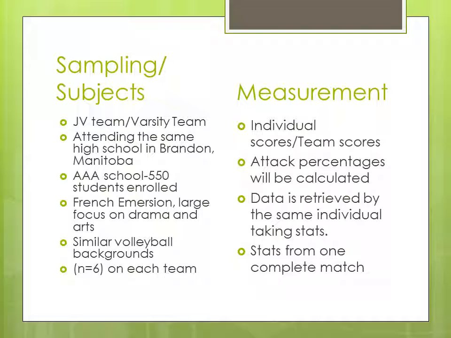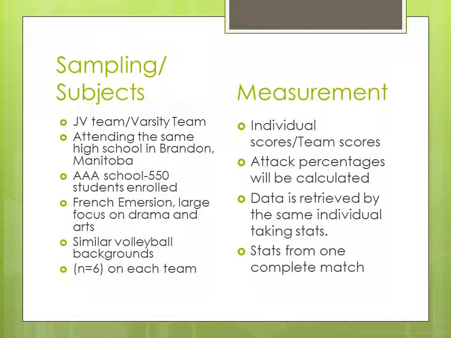My sample size is 6 athletes on each team, and this study will measure individual scores as well as team scores, so individual attack percentage and team attack percentage. An attack is any time the ball hits the ground or you were the cause of a point due to an overhead motion.